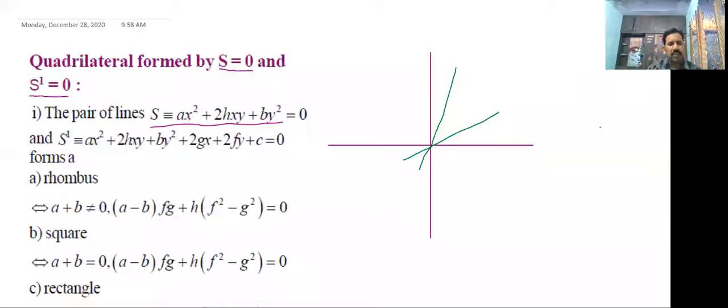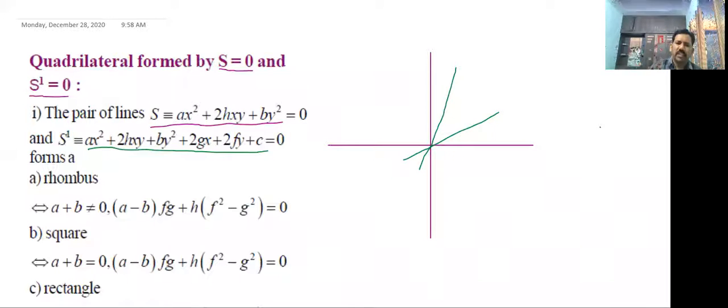Okay. Now, the second equation, ax square plus 2hxy plus by square plus 2gx plus 2fy plus c is equal to 0. This is a non-homogeneous equation. It also represents a pair of parallel lines passing through the point of intersection, not origin.